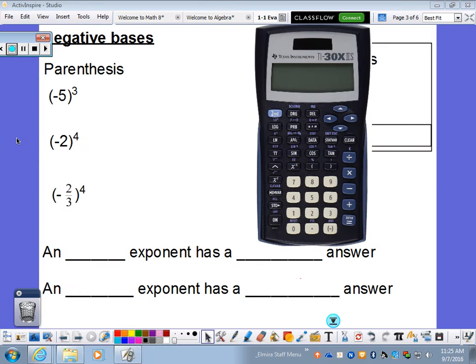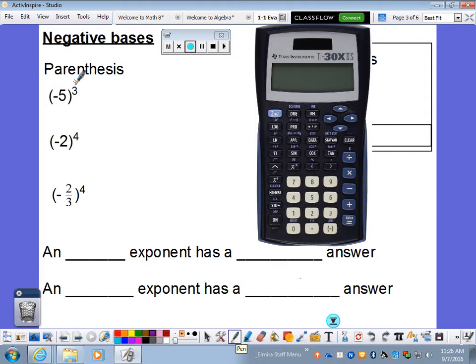Okay, what if we have negative bases? Negative bases should be in parentheses, because if the parentheses are not there, you could end up with a different answer. Okay, an exponent of 3 only affects what it directly touches. If the first symbol it touches is a parenthesis, then it affects everything in the parenthesis.